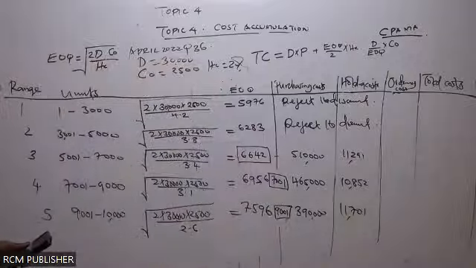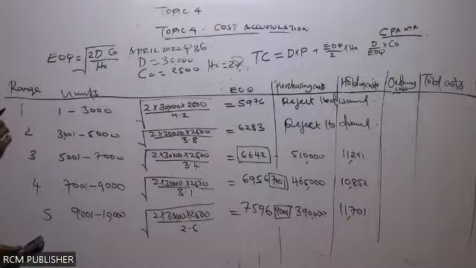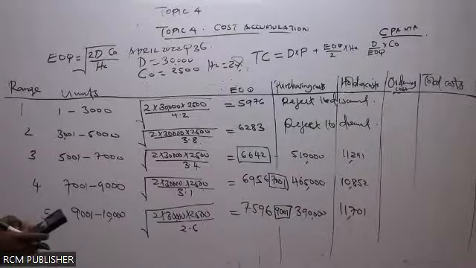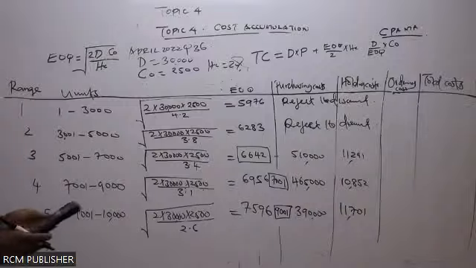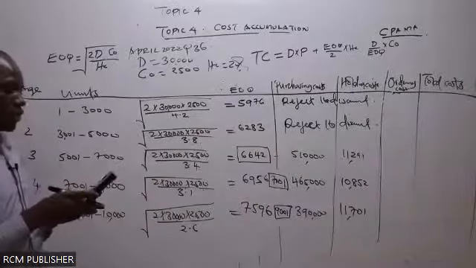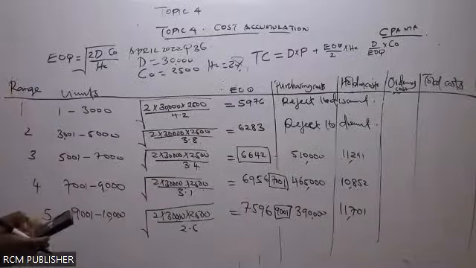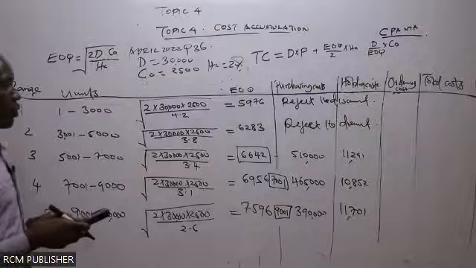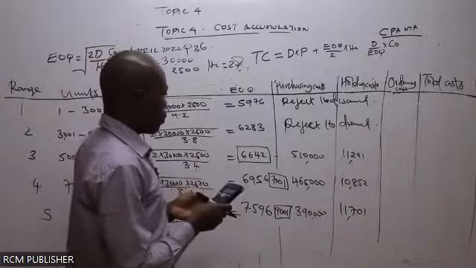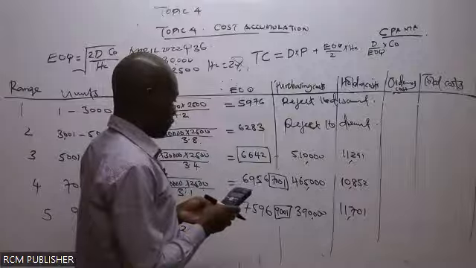I am moving to the ordering cost. It is demand over economic order quantity, then I multiply by ordering cost. So my demand is 30,000. Then ordering cost is constant, it does not change. Then we are going to do that by dividing it by economic order quantity. So at this point, my economic order quantity is 66.42.